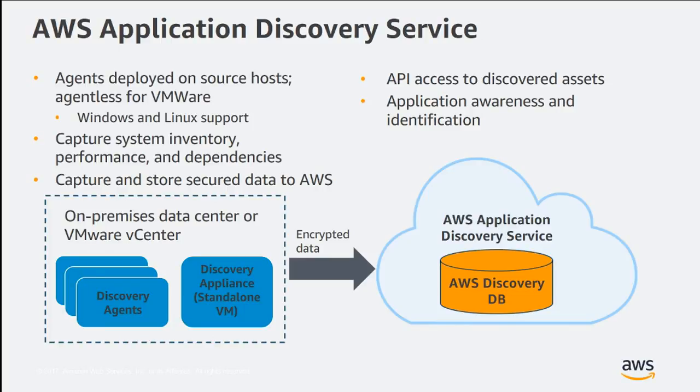Once you've captured all this information and it's stored in the Application Discovery Service, you can then export and analyze it, and then group your servers and databases into applications inside of the Application Discovery Service. Oftentimes this is done before migrating and for whichever applications you're going to move first. And of course, you can access the Application Discovery Service data via its APIs if you wanted to do something else with that data aside from export.